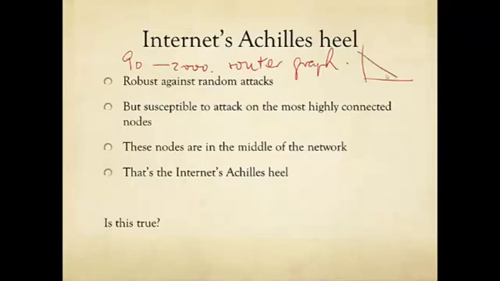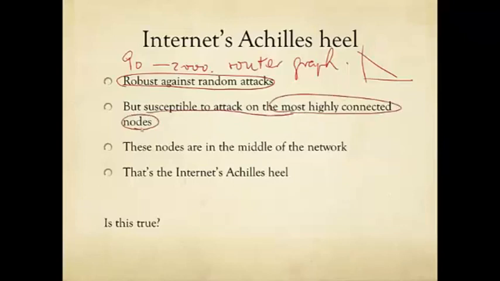It also has a Pareto distribution of the node degree sequence. That means it is robust against random attacks. Okay, because if you randomly pick a router to attack, it's likely that it will not destroy many connected paths. But it is susceptible to attack on the most highly connected nodes.